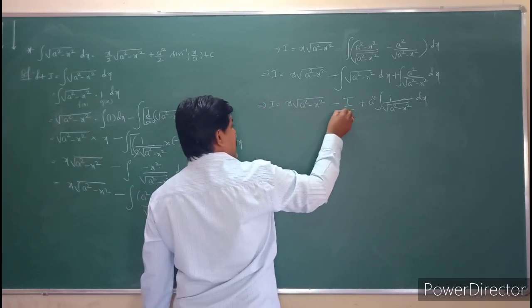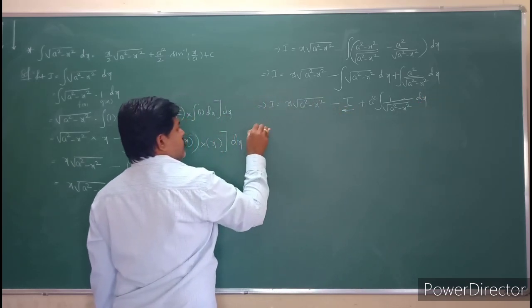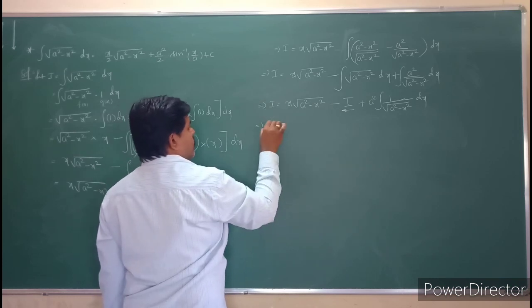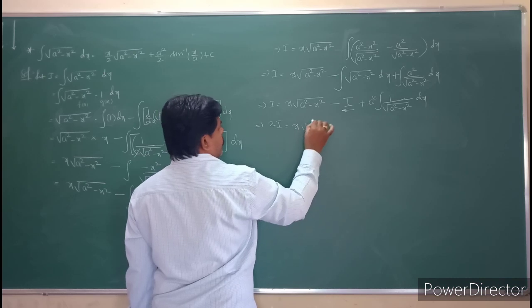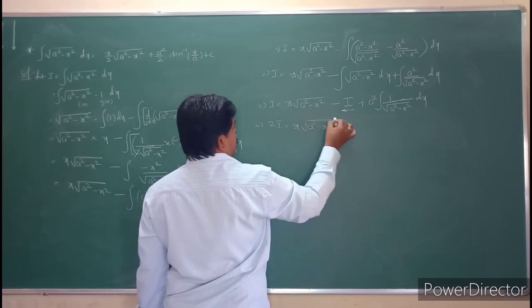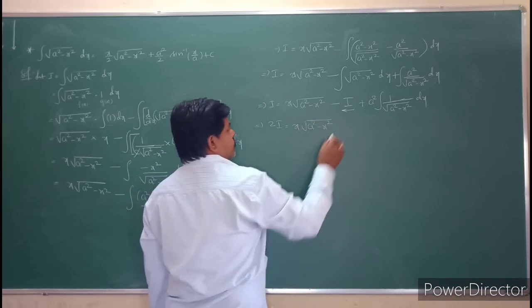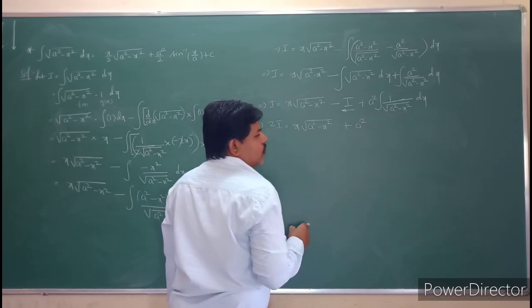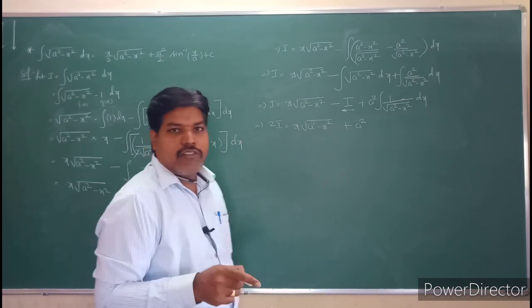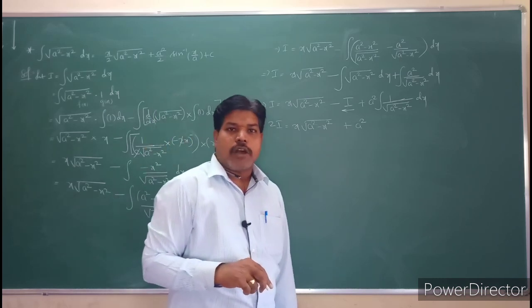So take this minus I to this side. So what happens? I plus I, it will become 2I is equal to x into root of a square minus x square plus a square. What is the formula? Integral 1 by root of a square minus x square. What is the formula?